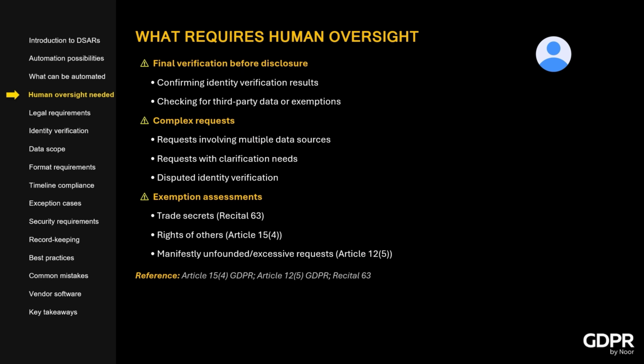Exemption assessments: decisions about excessive or unfounded requests, redaction to protect others' rights, or issues involving trade secrets or IP cannot be automated. These are legal assessments and must be handled by humans. Automation improves speed and consistency, but human review is essential to avoid compliance failure.